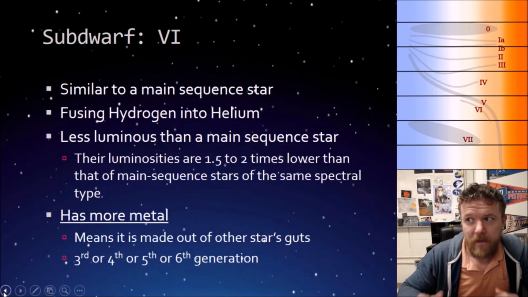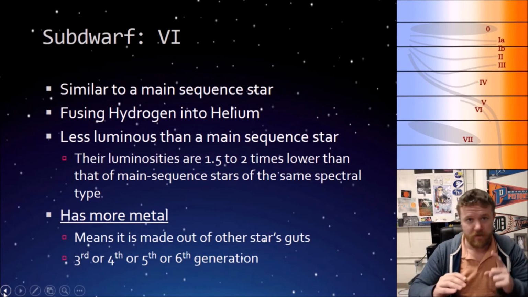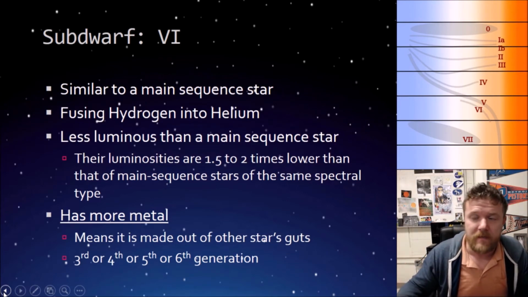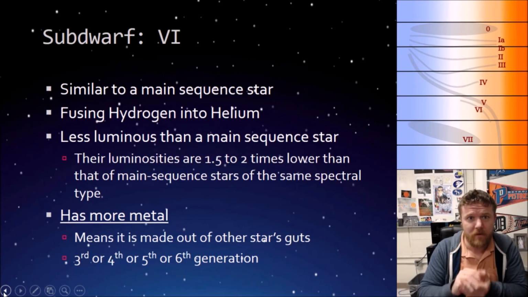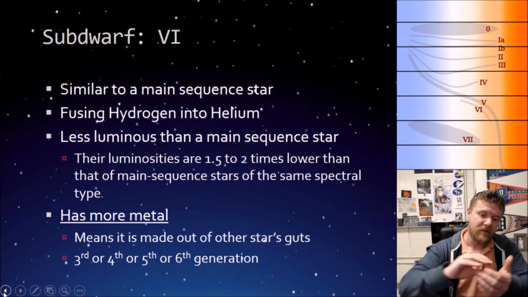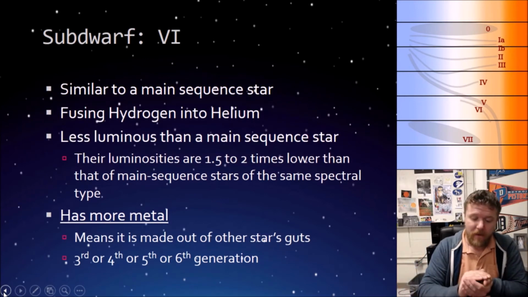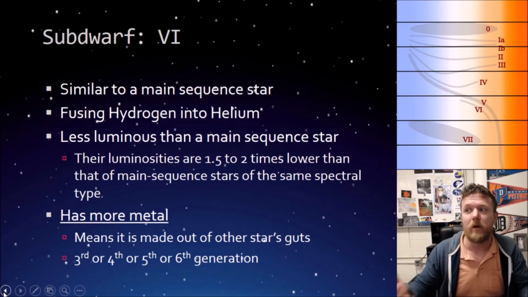Turns out these are like generation 3, 4, 5, 6 stars. Remember, generations of stars, generation 1 was the first stars to ever exist. They fused heavier elements in their cores and then exploded. And the second generation took those guts, so there were already some heavy elements in them. And then they made more heavy elements and exploded.